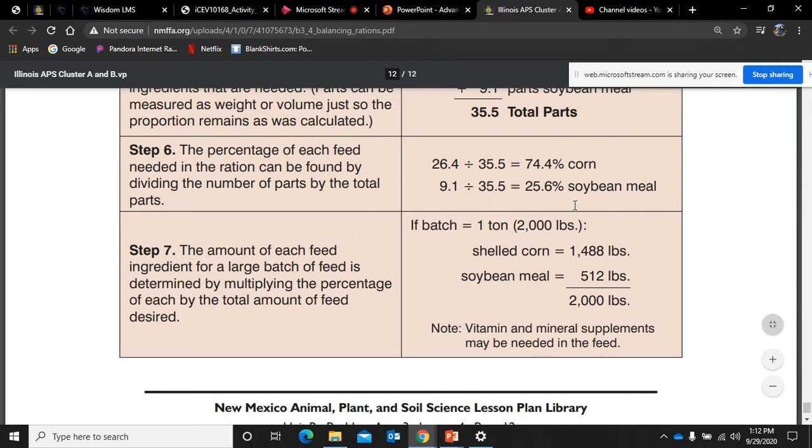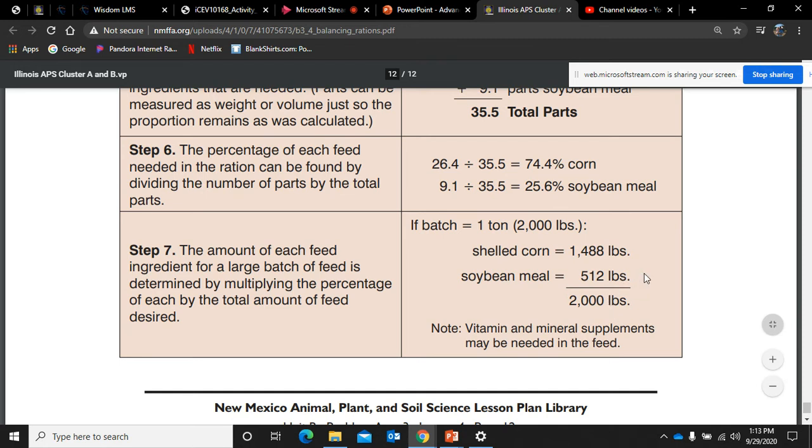Now if you need 1 ton, if you need 2,000 pounds, you would multiply it. Okay, you go 74.4 times 2,000. That gets you 1,448 pounds of shelled corn. Same with soybean meal, you go 25.6 times 2,000.